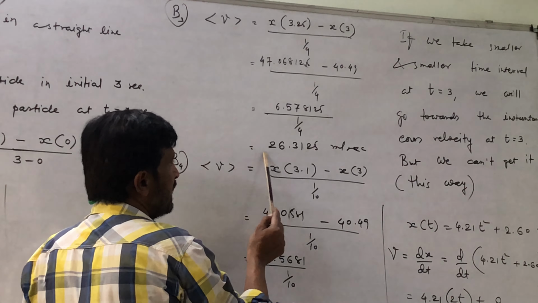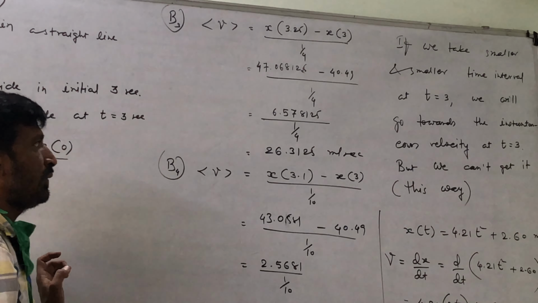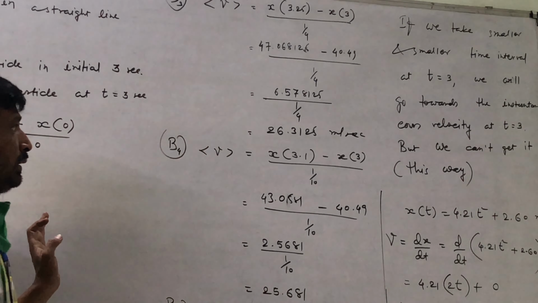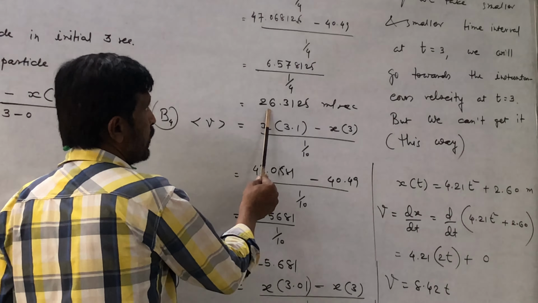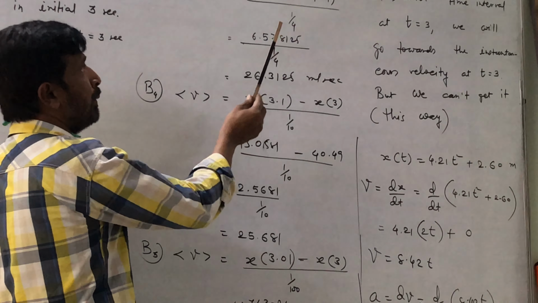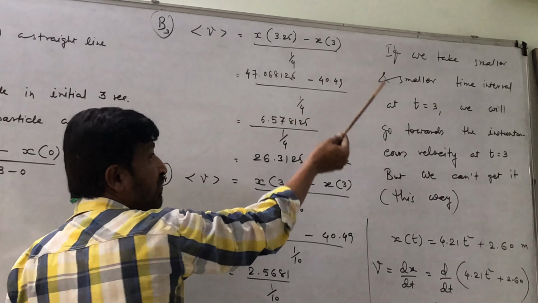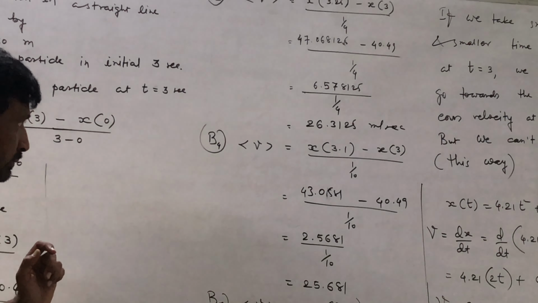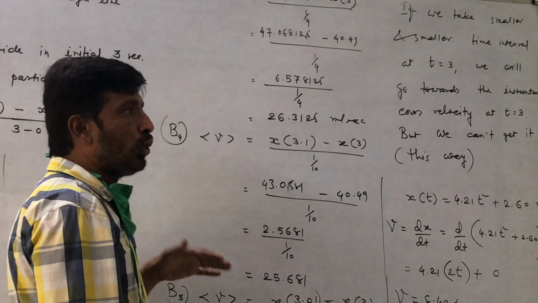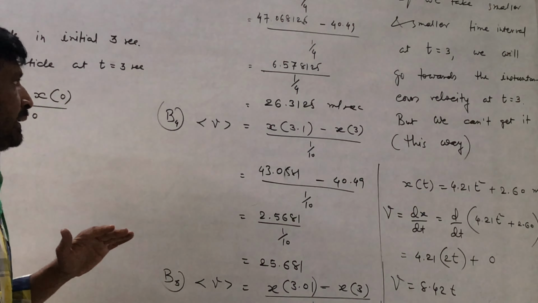So finally we get this result, 26.3125 meter per second. This is the average velocity of the particle in a time interval of 1 by 4 second after 3. But we want to find the instantaneous velocity of the particle at t equal to 3.